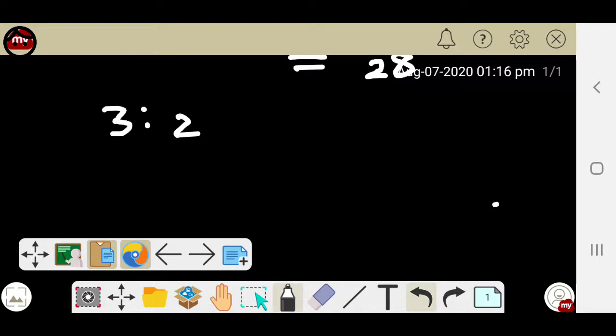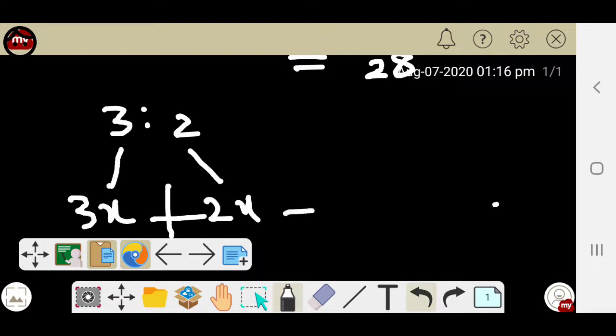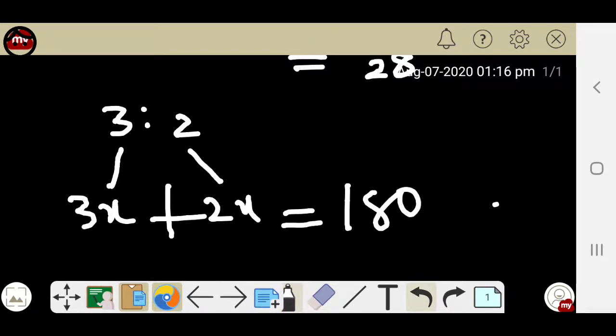One angle we write as 3x, another as 2x. Adding these two we have to get 180, because adjacent angles are supplementary.